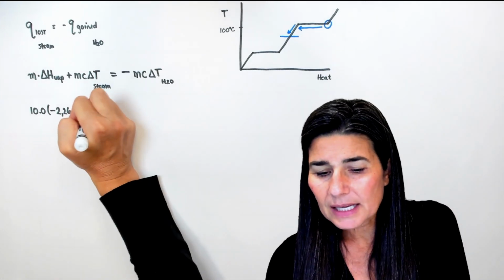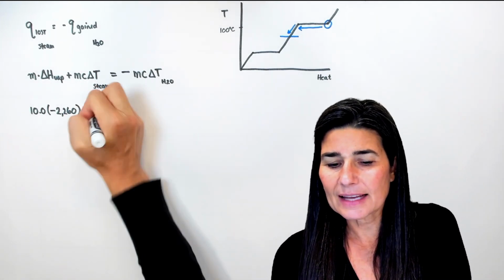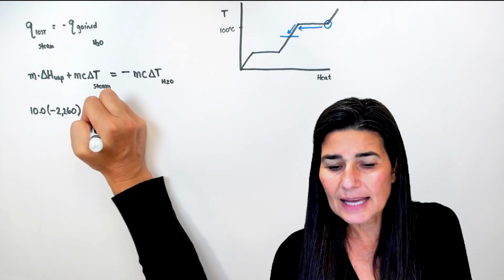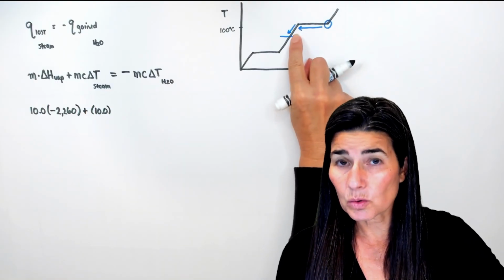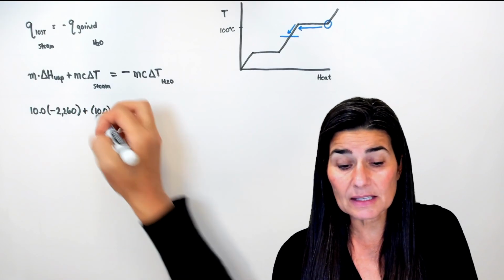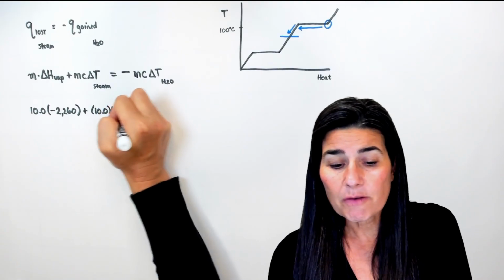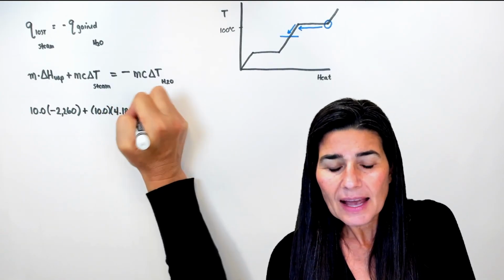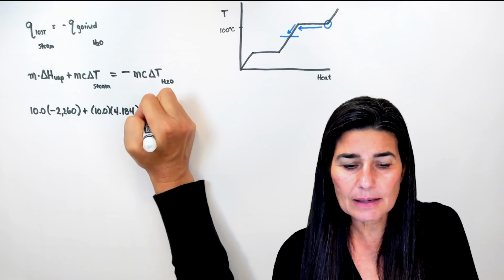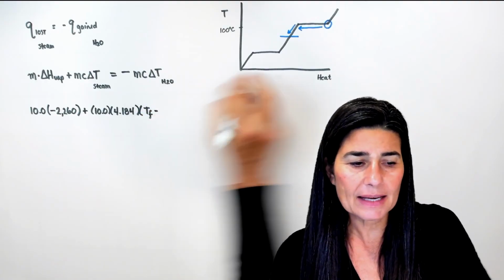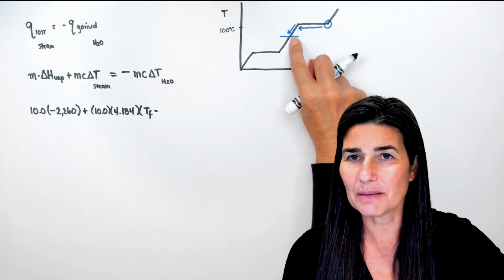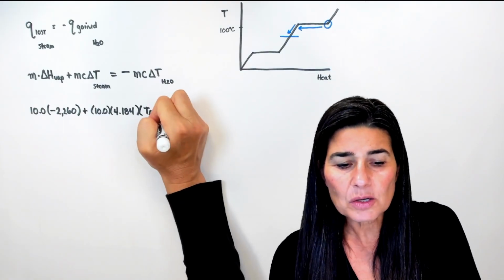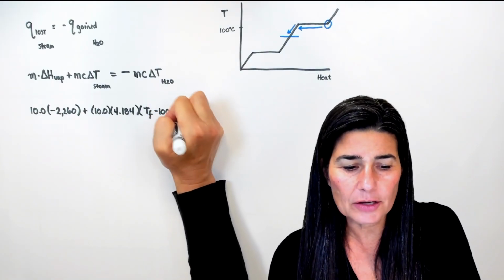So now we're going to plug in the mass of the steam again as it cools as a liquid, 10 grams. We're going to be in the liquid phase once it starts to cool down, so we get to use the specific heat capacity of water, 4.184, and the temperature change of our steam is going to be T final minus, well, it starts off in its liquid phase at 100 before it starts to cool. So T final minus 100.